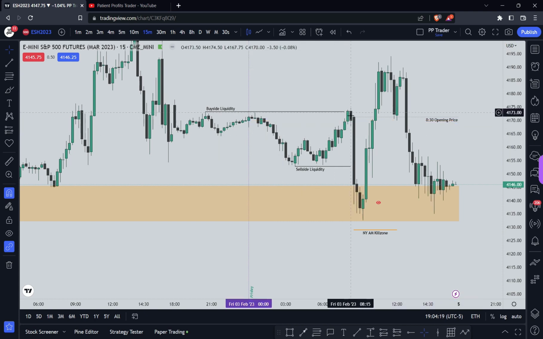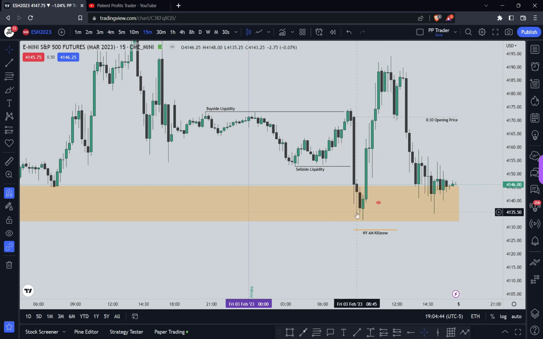Price trades lower, trades below the midnight opening price. The opening of this bearish candle that forms at the NFP release, that is your 8:30 opening price. Price pushes lower below the 8:30 opening price. So we're below the midnight opening price. We're below the 8:30 opening price.